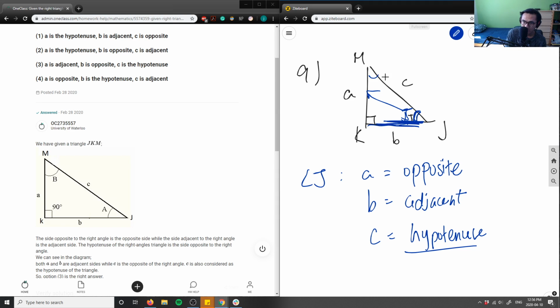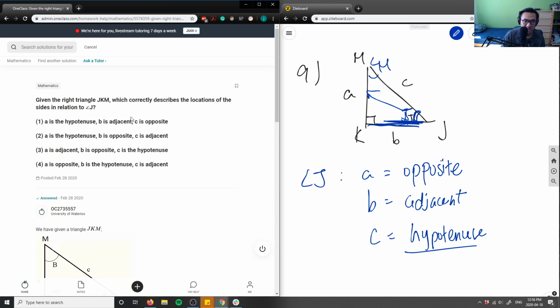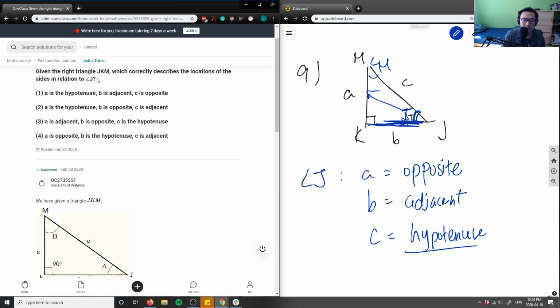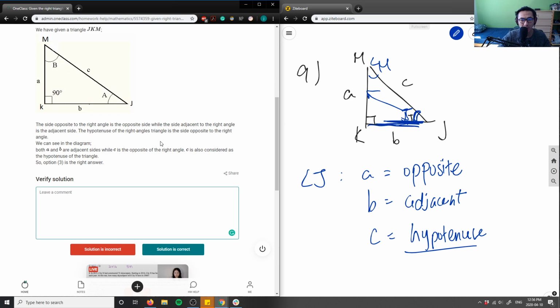But this is angle M here. So I don't know what they're asking here. None of these solutions are actually correct here, because this is angle J. So I think they either misread the question, or they solved for a different angle. So I'm going to say here, for angle J, none of the solutions are correct.